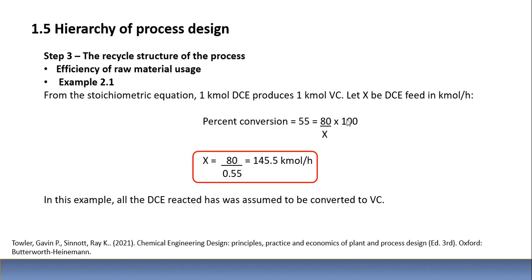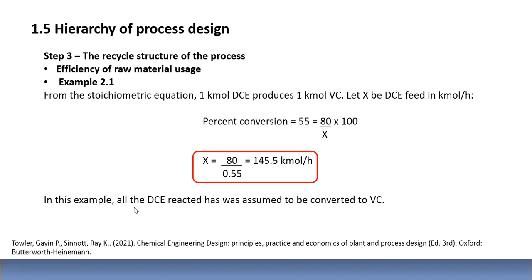They wrote 55 and then 100 here. But if you move these to the denominator, you have 0.55, which will be more real. And then you can move the 0.55 here, just like you see there, to obtain the amount of reactant, dichloroethane, that will need to be fed to the reactor to obtain the 80 kilomoles per hour of vinyl chloride, which is what you see right there.